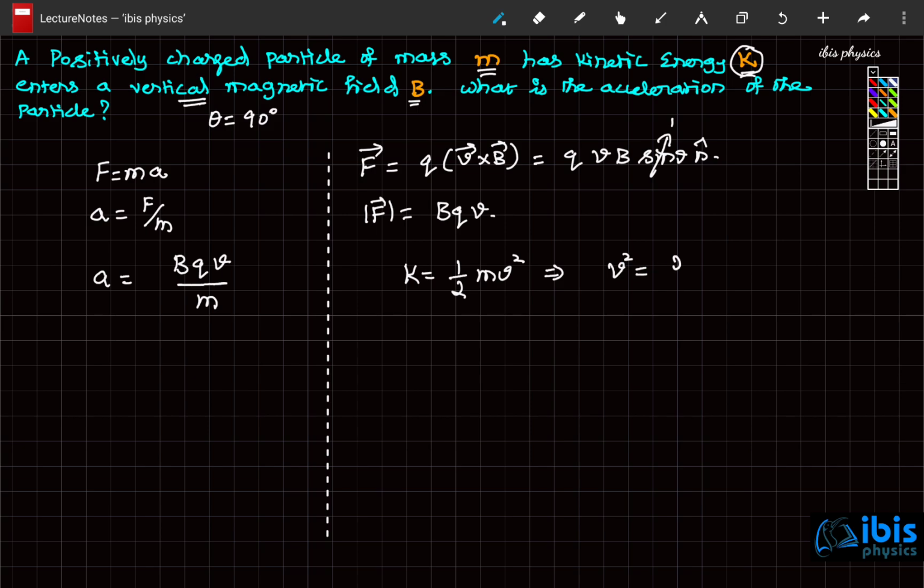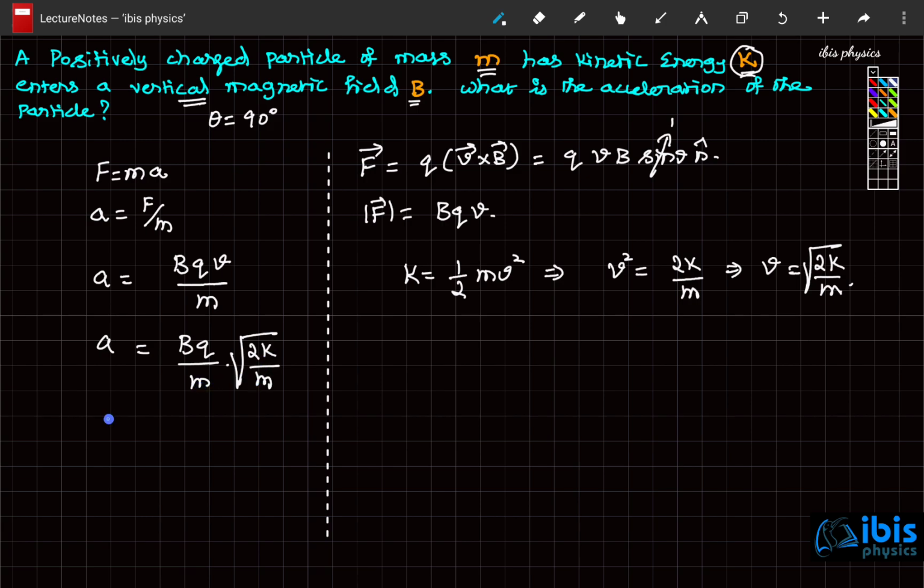So v equals root over 2K by m. We substitute this in place of v, so acceleration is BQ by m into root over 2K by m.